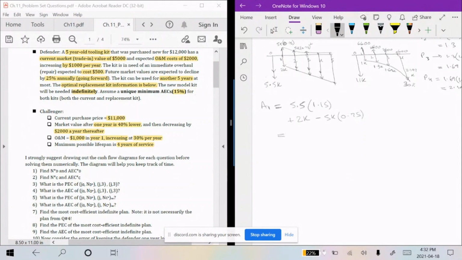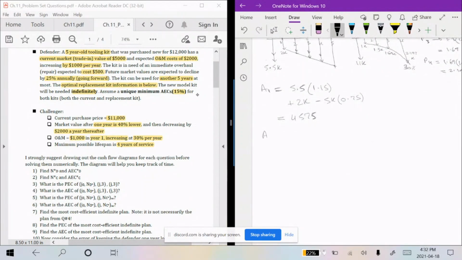You get it as 4,000? No, wait, my bad. 5.5 into 1.15 plus 2 minus 5 into 0.75. 4575. That is the cost for keeping the defender for 1 year, all right, for the first year.